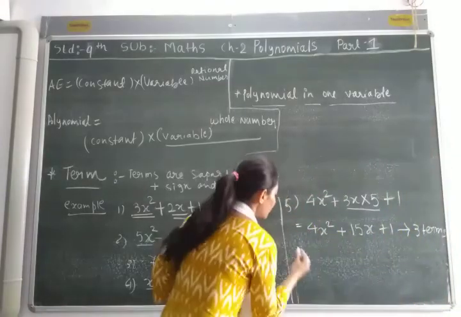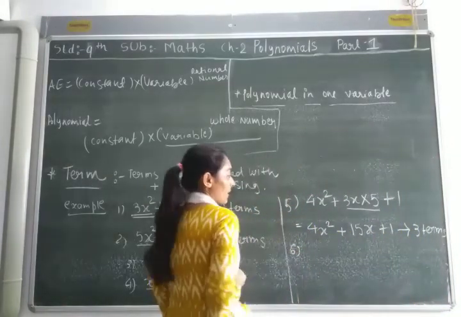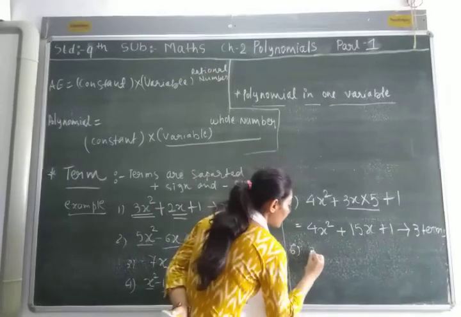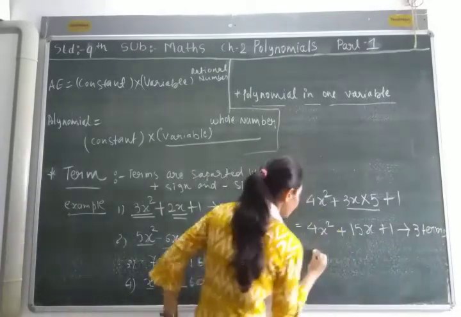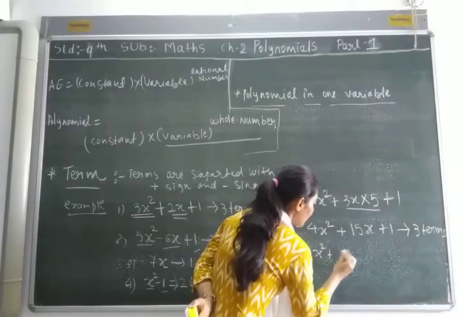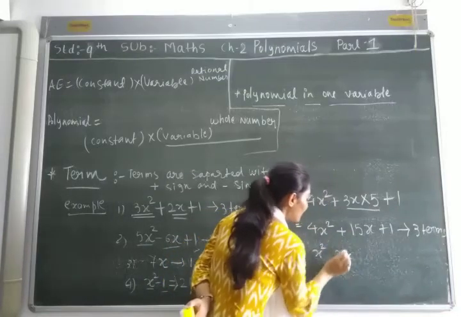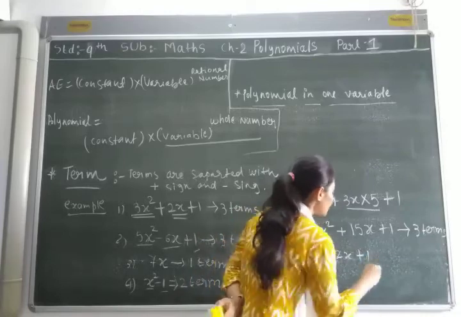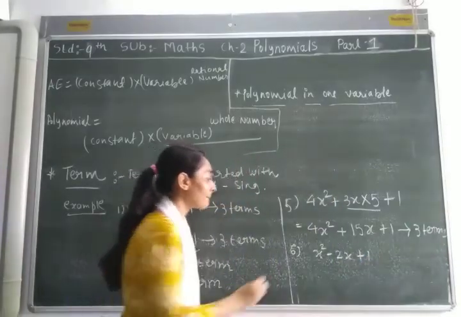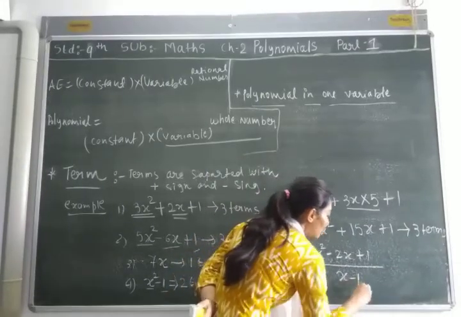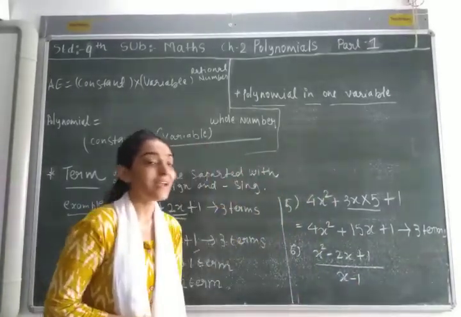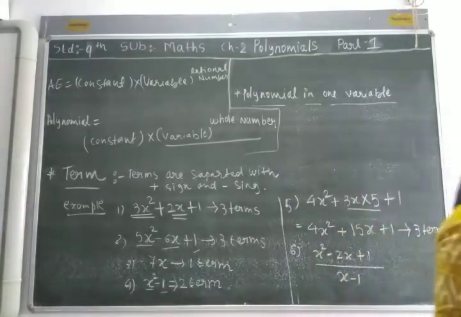Now take one more example. Say 3 by x square, x minus 2, x minus 1 whole square, divided by x minus 1. Can you identify how many terms are there?